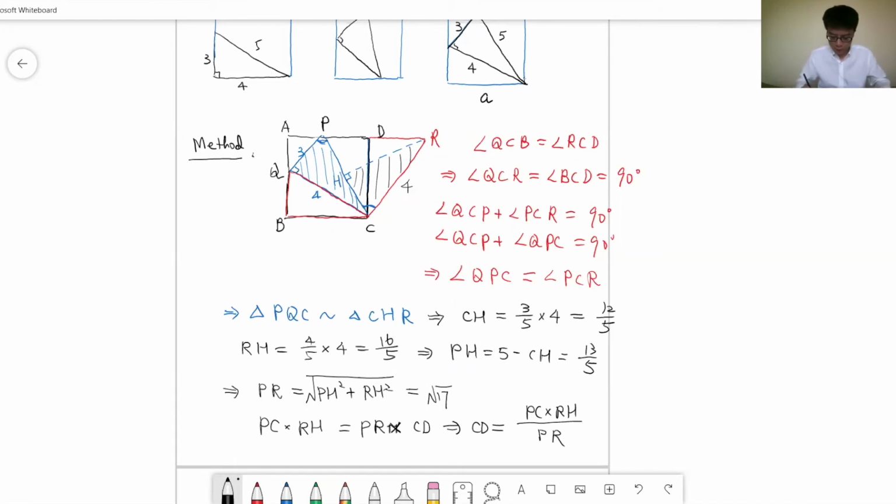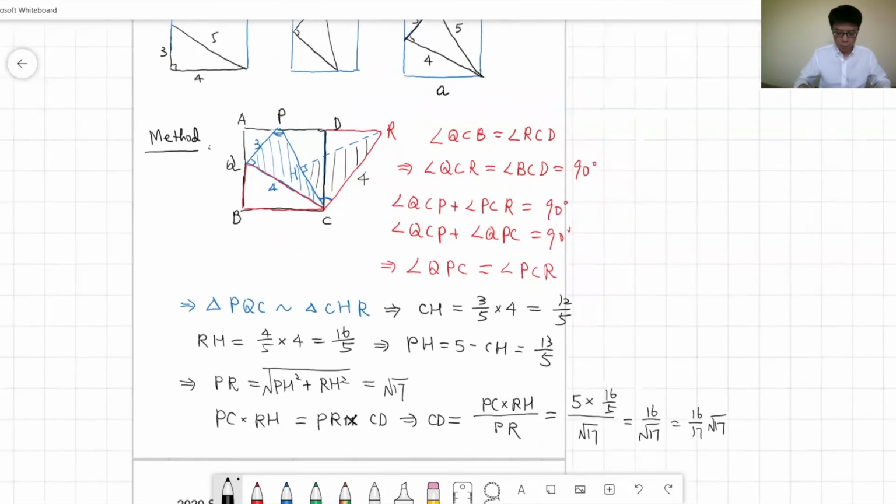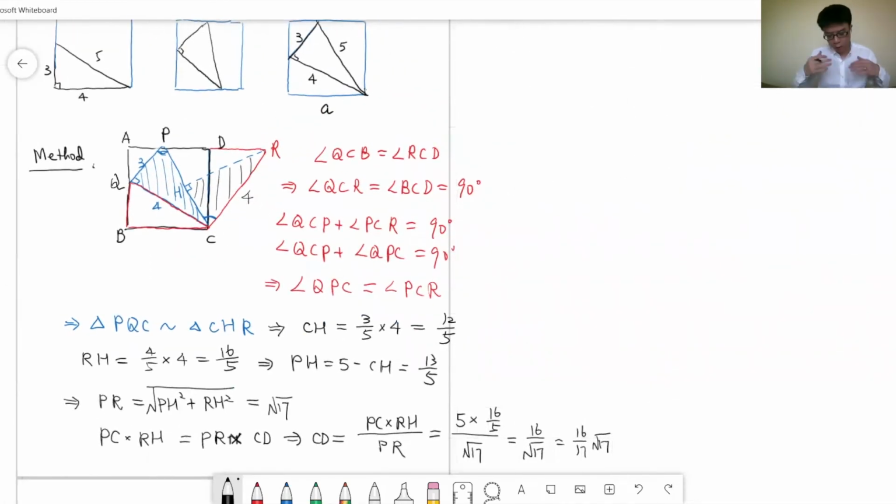PC is 5, and RH is 16 over 5, and PR is square root 17. So this is 16 over root 17, which is 16 over 17 times root 17. Okay, this is basically the geometric approach.